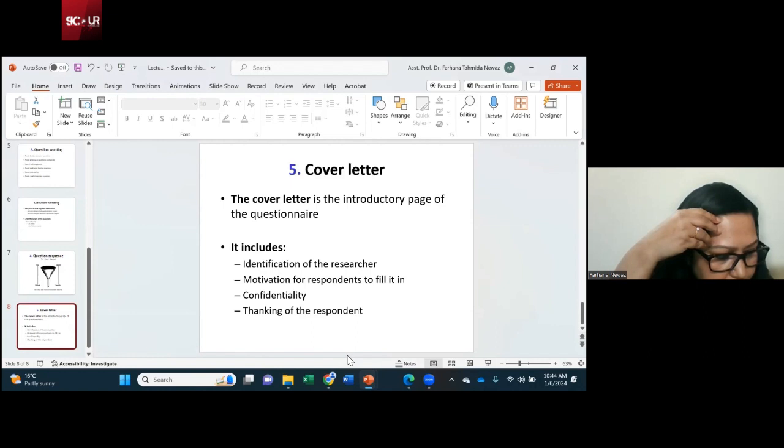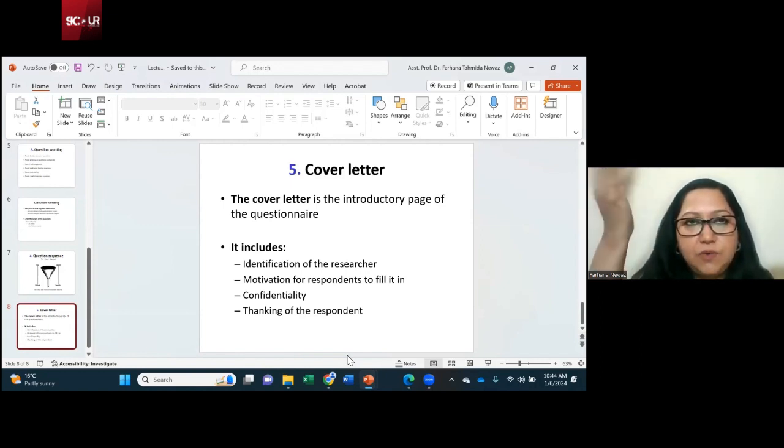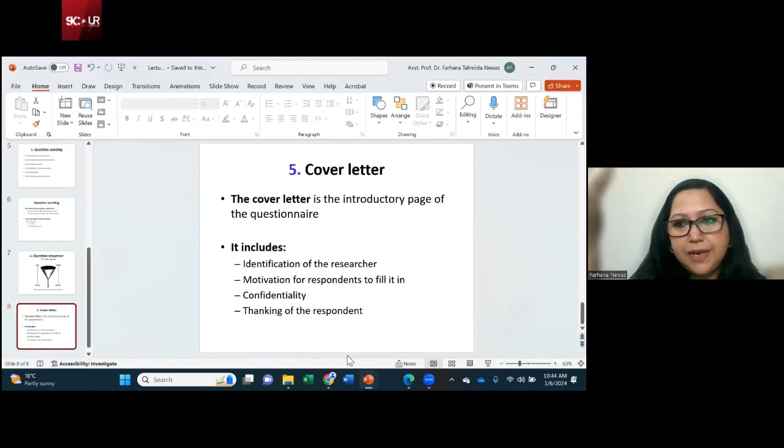Anonymous means they will be responding without bias, keeping in mind that whatever responses they give are the true ones, and not being biased. So if it's anonymous, it will be better to get the real information, because people will have in mind that they will not be traced, that it's me and this is my answer.